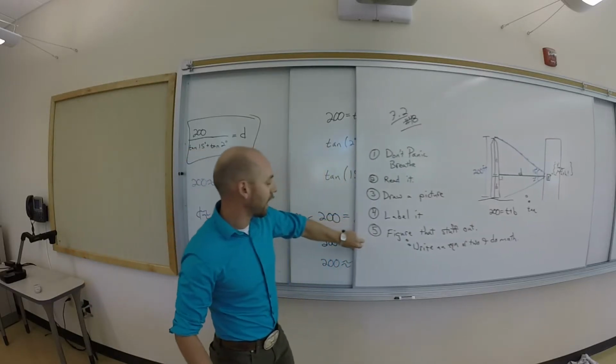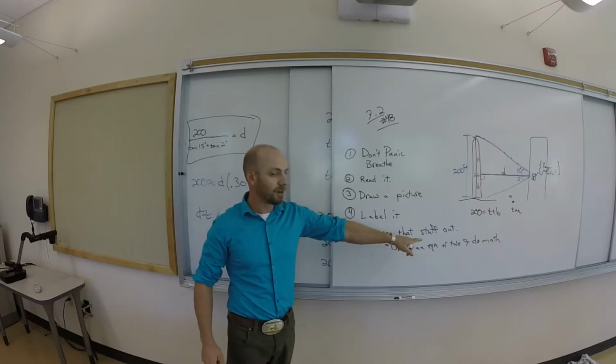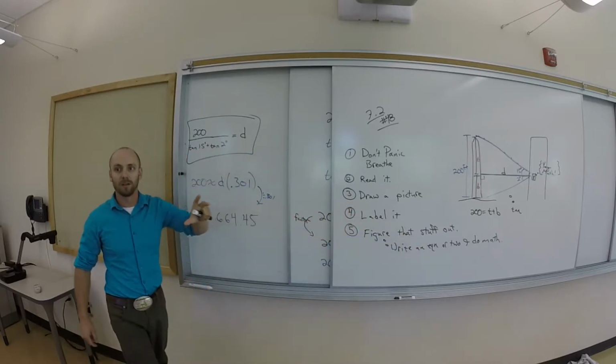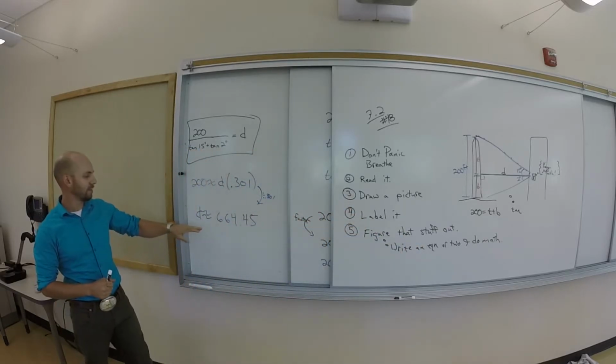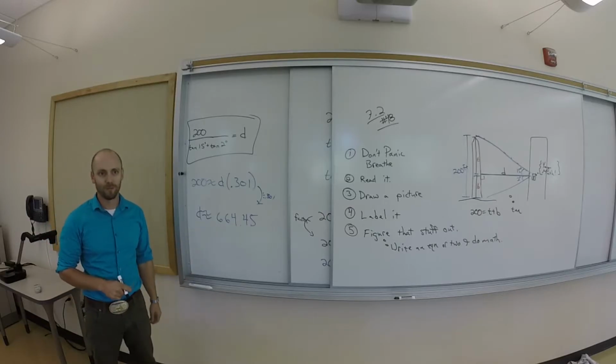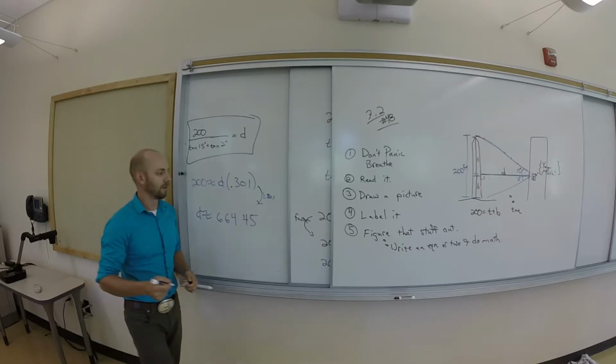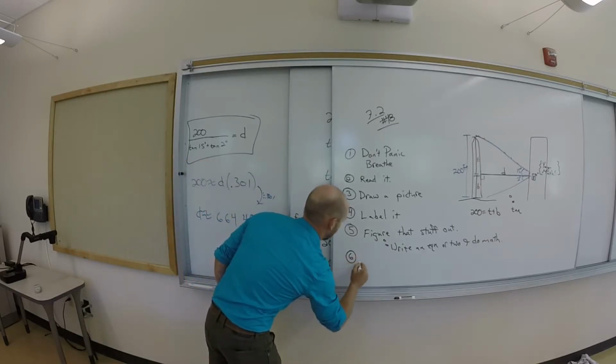Okay, so going back to my list, I was supposed to figure that stuff out, write an equation, and do some math. I believe I have figured that stuff out, done some math, and written some equations. Now I'm here. What is my final step? Feet. That makes sense for a person.